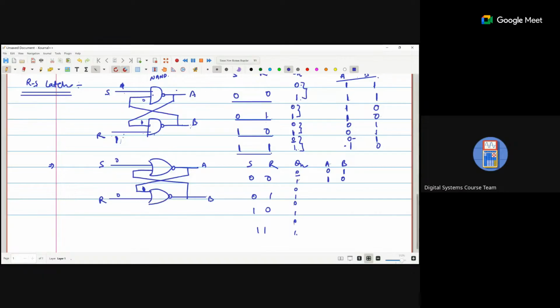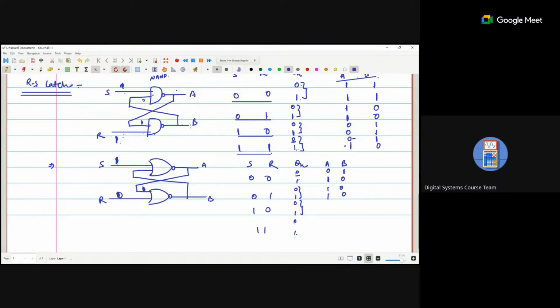Second, if it is 0 1, so here it's 0, it is 1. So if R is 1, any of the inputs of the NOR gate is 1, the output is 0. If the output is 0, then with 0 0 it becomes 1. So in any case, it is 0. Now, in this case, S is 1.